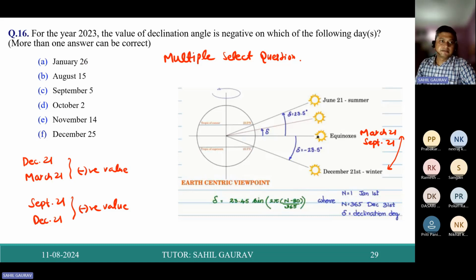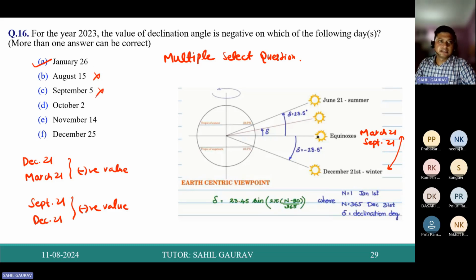So January 21st lies between this range. So A will be correct. August 15 lies in the positive range because it lies between March to June 21st and September 21st. So it is not negative. September 5 also lies between June 21st to September 21st.